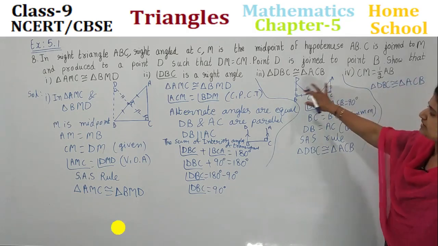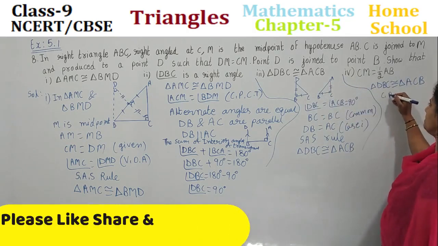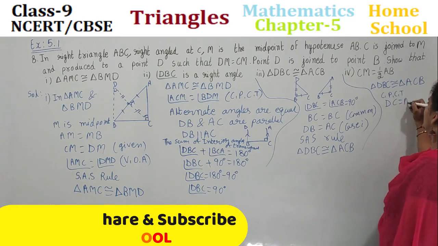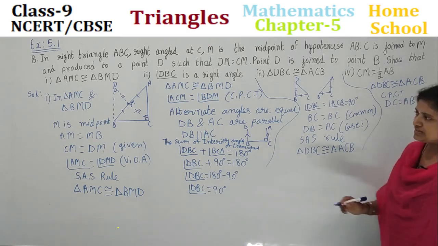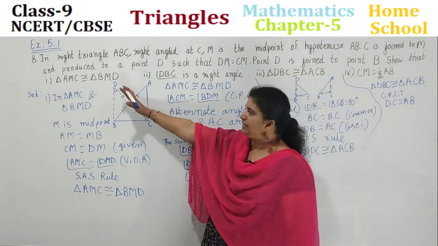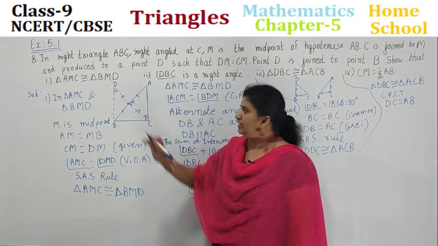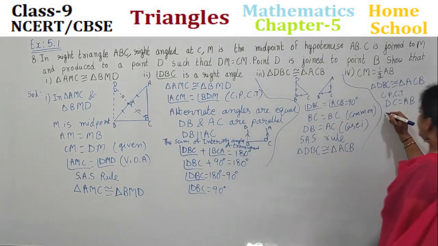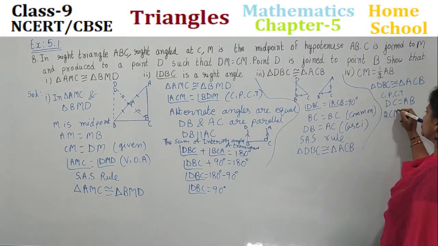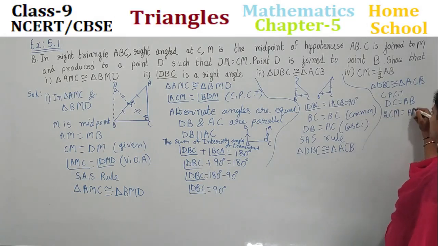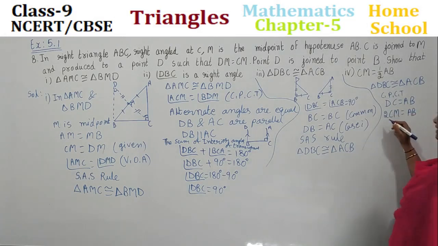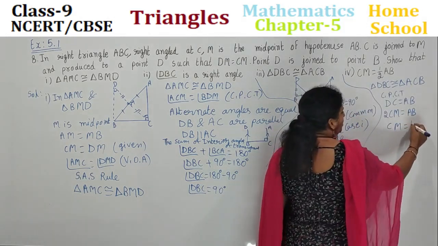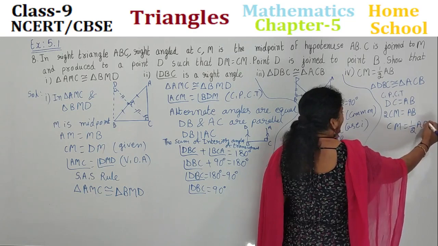If these two triangles are congruent, by CPCT, I can say that DC is equal to AB. What is DC? DC means 2 times CM. I write 2 times CM is equal to AB. Sending the 2 to the other side, CM is equal to half of AB.